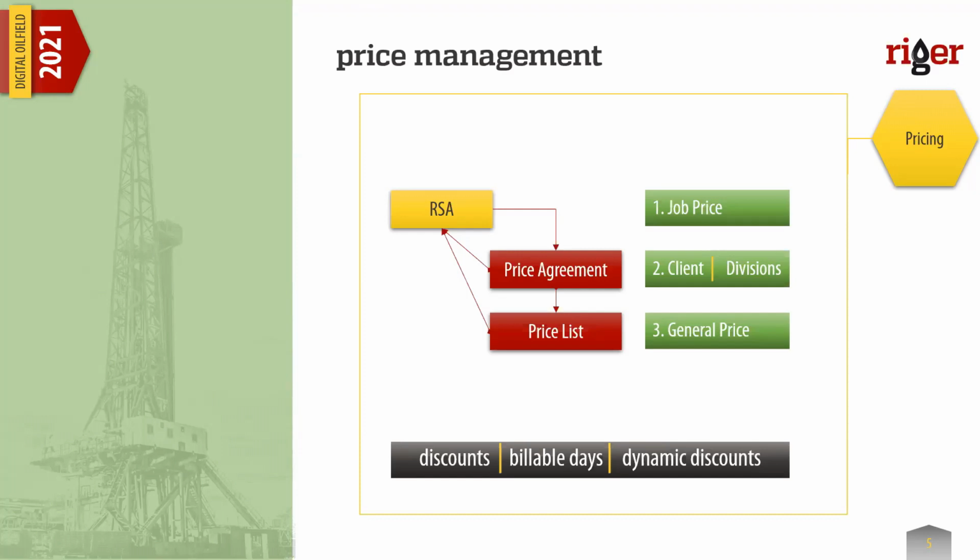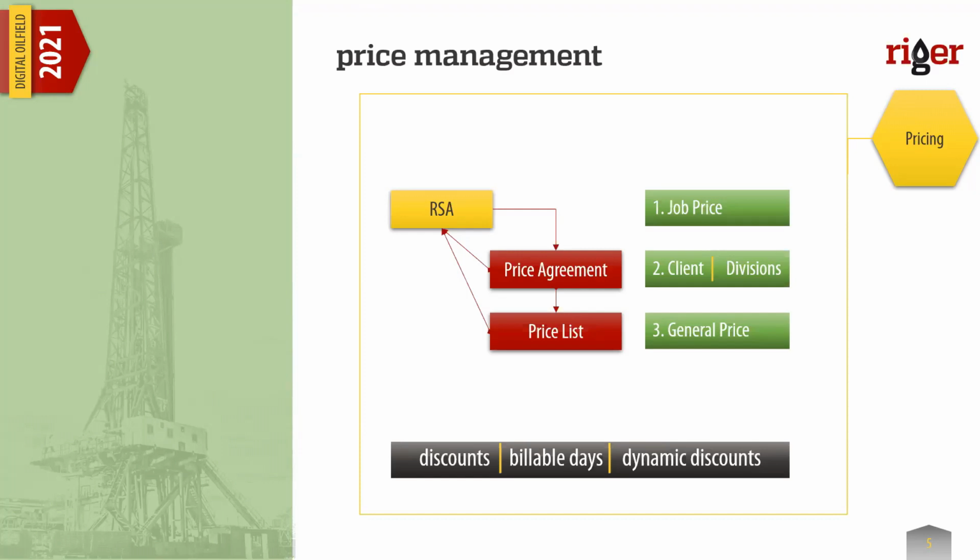We also have the next level of prices in the RigER software, which is the rental service agreement, or the job itself. As you may already know, or if you're new to the RigER system, when you start a new job with a client, you create a new rental service agreement. Here on the rental service agreement, you can set absolutely different prices.